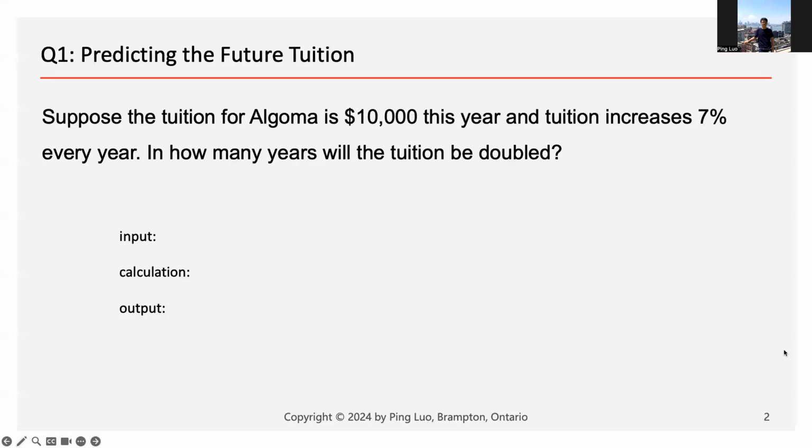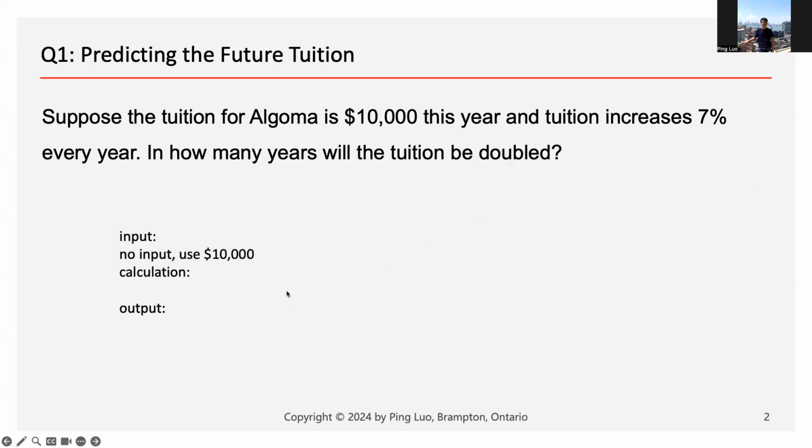So the first question is like this. Similar to the tuition question we talked about on Monday, but this time, instead of computing the tuition in 10 years, we compute how much time it takes for the tuition to double if it increases 7% each year. So the idea is still the same.